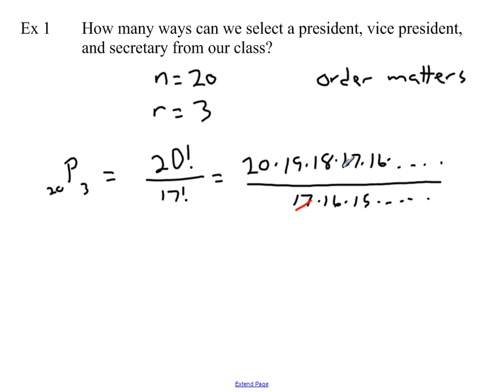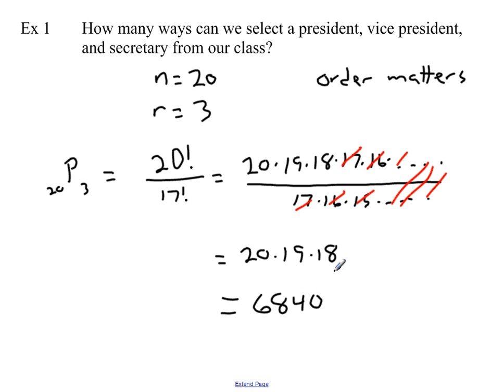Now, the 17s, the 16s, the 15s, everything all the way down to 1 is going to simplify. So this whole thing is going to be equal to 20 times 19 times 18, which, if we calculate that, is 6,840 different ways to select a president, vice president, and secretary from a class of 20 people.